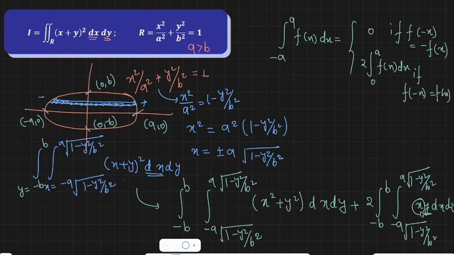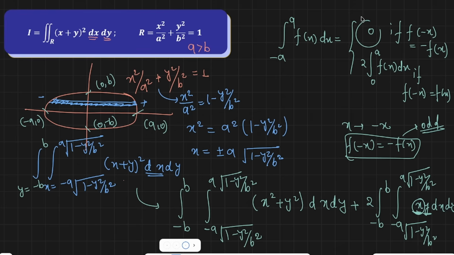It means this is my x function, I'm integrating with respect to x, so this is my x. If I replace my x with minus x, then minus f of x equals minus f of x, meaning it is an odd function, and whenever it is an odd function, this integral will be 0. So now this whole integral will be 0.